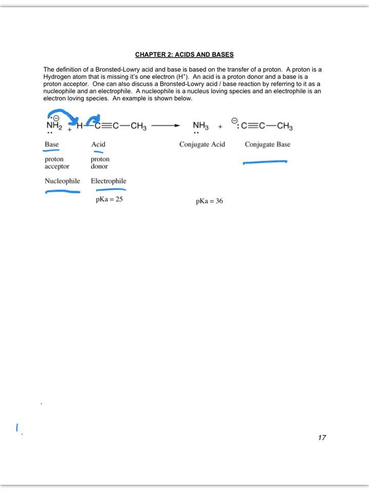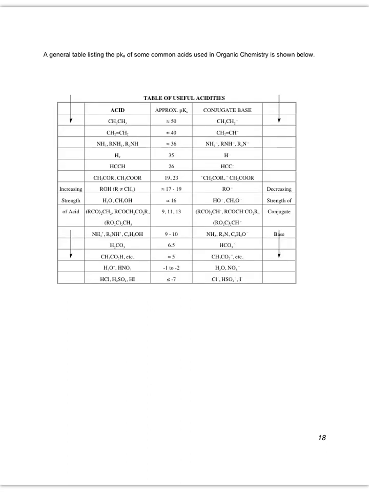We make the methylacetylide, and our amide ion becomes ammonia because it grabbed a hydrogen off of it. In any acid-base reaction, if it's a Bronsted-Lowry, we're going to transfer a proton. You'll always have to form a bond and break a bond as you're going along, so be careful about that.